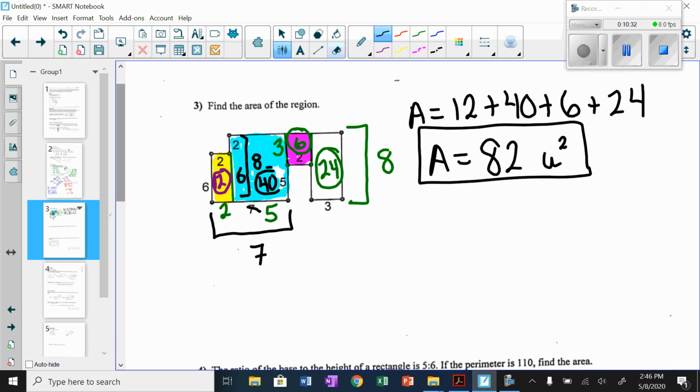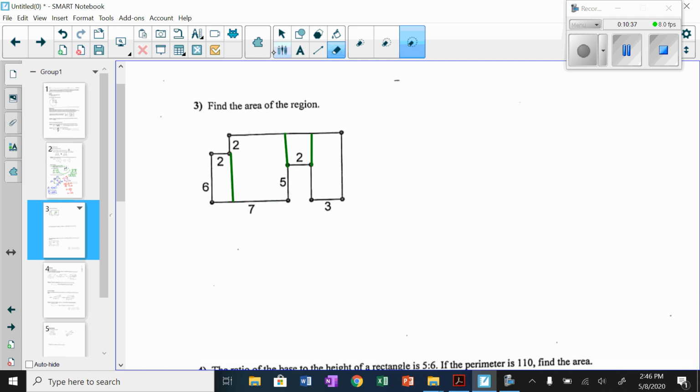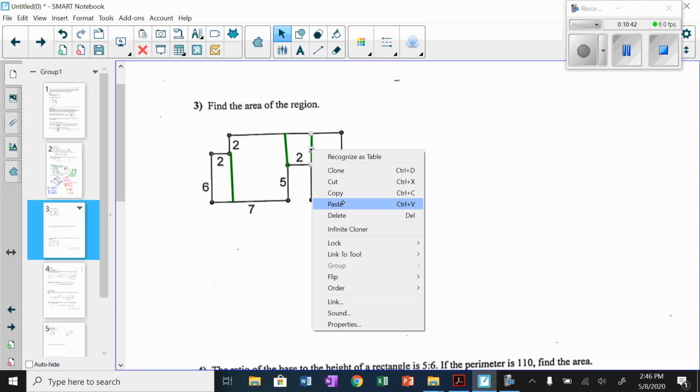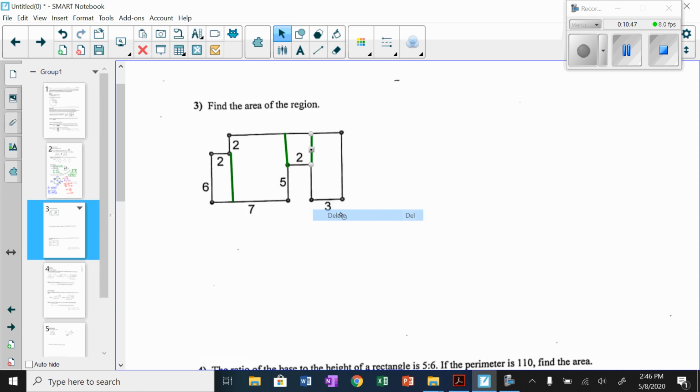Okay, so now I said there were two ways to do this. Let me show you the other way. Okay, so now the other way, instead of splitting these into little rectangles, what I'm going to do is close this up and make a really big rectangle.